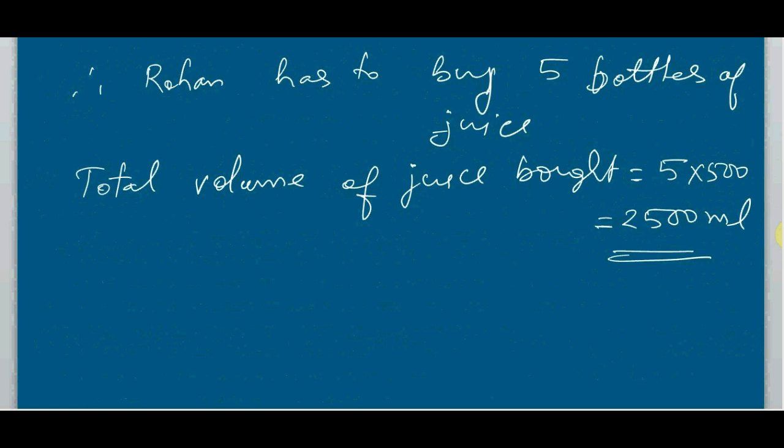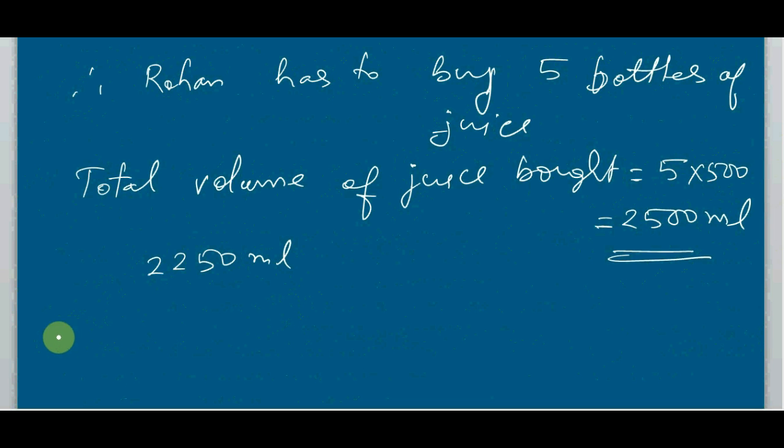So finally, what is being asked is how much juice will be left at last. Okay, so Rohan bought 2500 ml juice and he served 2250 milliliter juice to the guests.